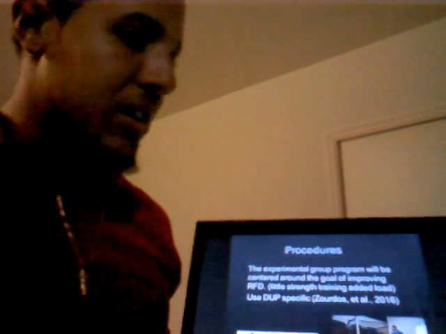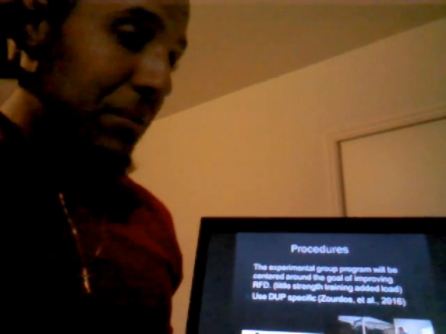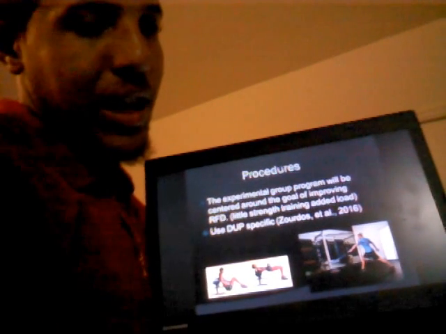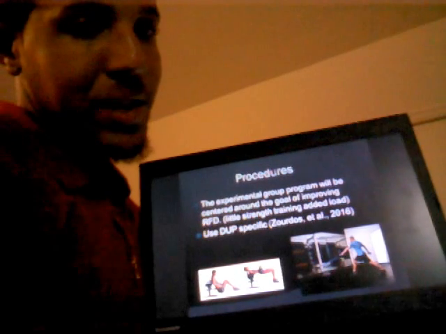In the literature, between 10% to 20% of your 1 rep max is what they found to be optimal for inducing the beneficial adaptations that come from velocity training.